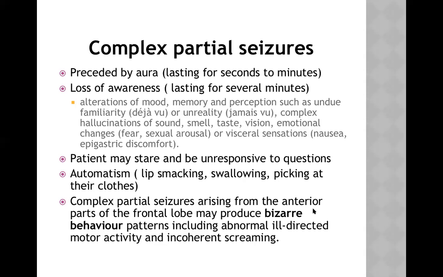Ill-directed motor activity means suddenly you go to a person and slap the person without any reason. That is ill-directed motor activity. Another one is screaming unnecessarily. There's no need to do that at all. You cannot give any explanation for that. So these are bizarre behavior, which may be a manifestation of complex partial seizure.